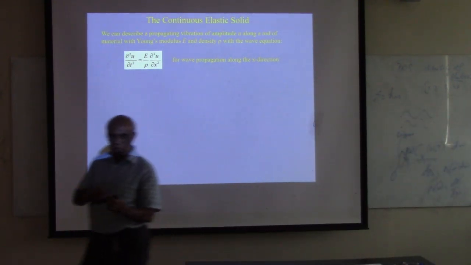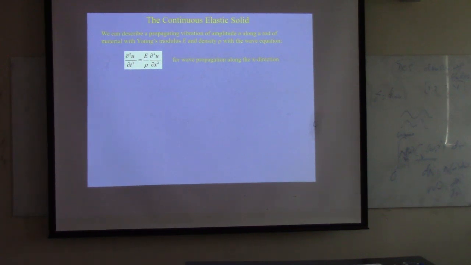We have an elastic wave, right? The amplitude of that wave, suppose it is u. We can show the second time derivative of u is equal to the Young's modulus divided by rho times d squared u over dx squared in the one-dimensional case.